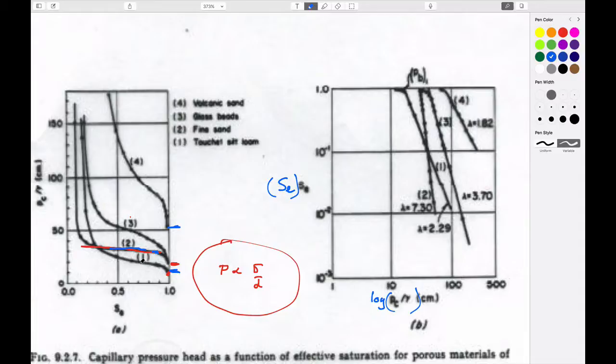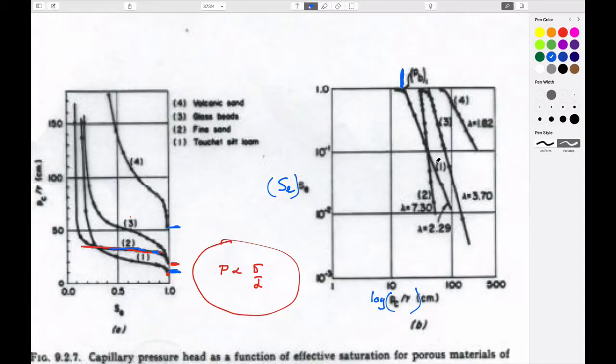So if you plot 1, 2, 3, and 4 on this curve, you get exactly the same differentiation between those curves, and they say the same things. The entry pressure: the lowest capillary pressure has the largest capillary opening. So number 1 should be this one here. This has the lowest entry pressure, and so has the largest pore space.